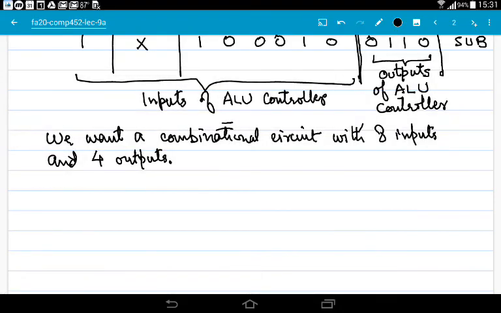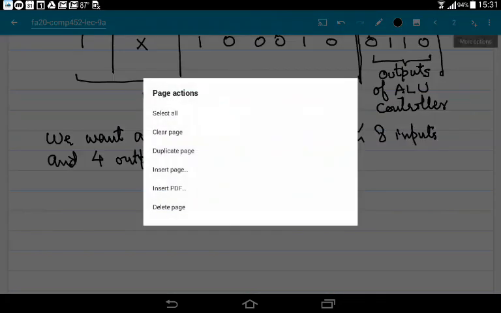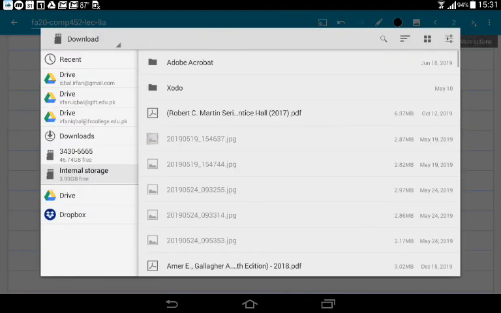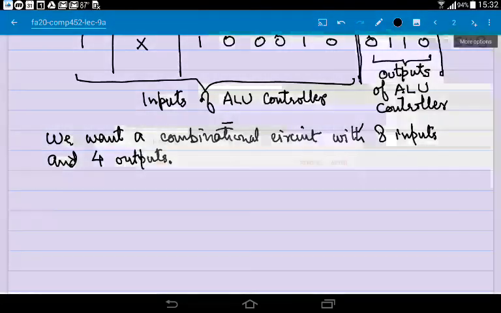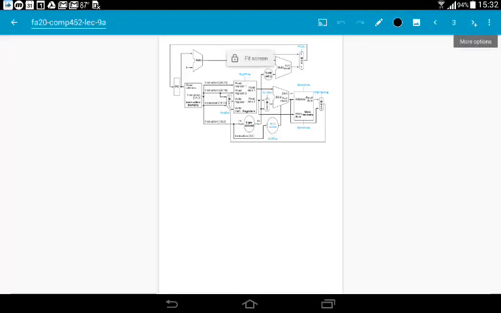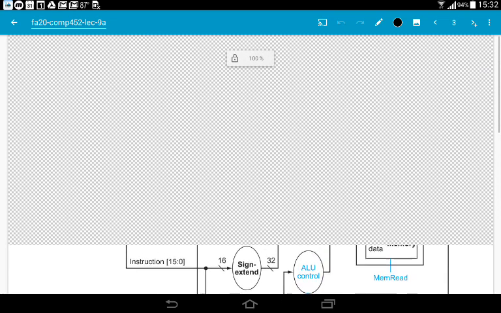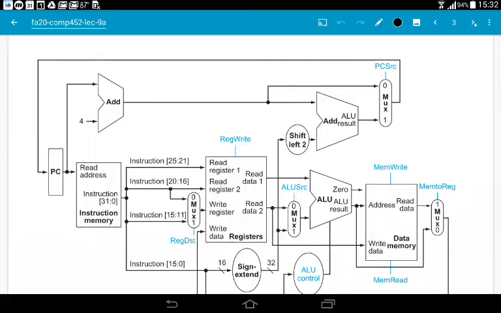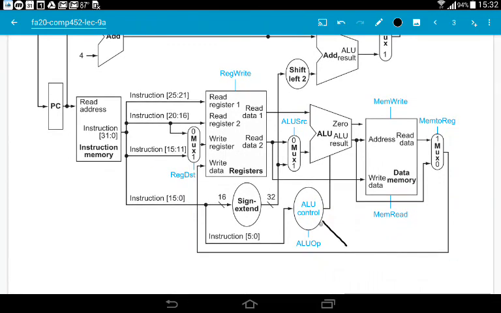Okay, so I want to show you this updated data path with the ALU controller. So I am going to insert a PDF, and this is the PDF that I want. Let's make the zoom 100% and lock it. Okay, so this is our data path, and you see I have introduced this ALU controller.